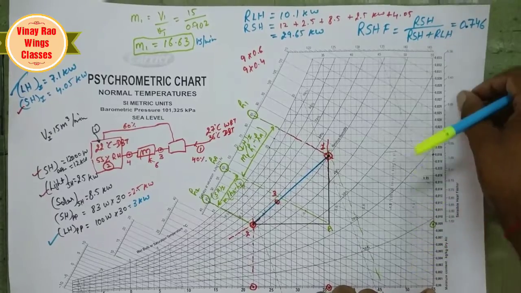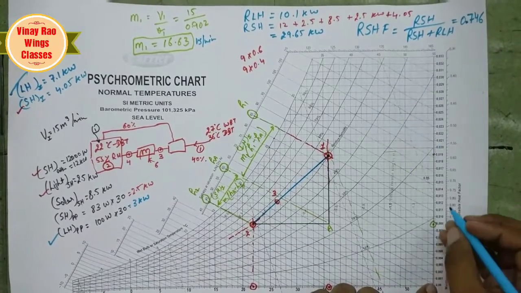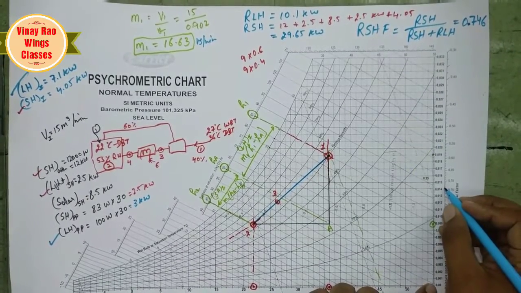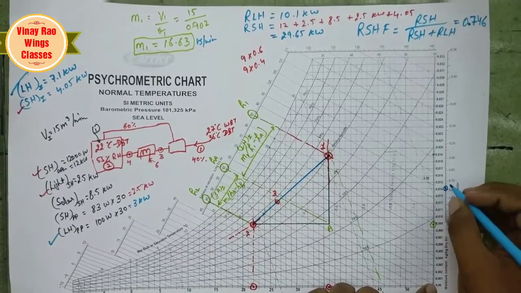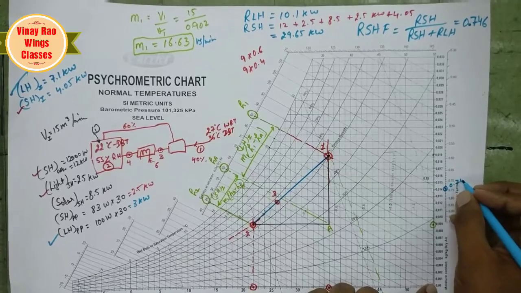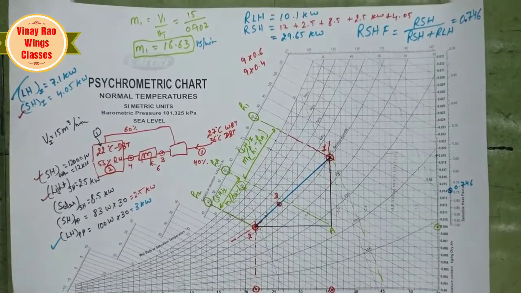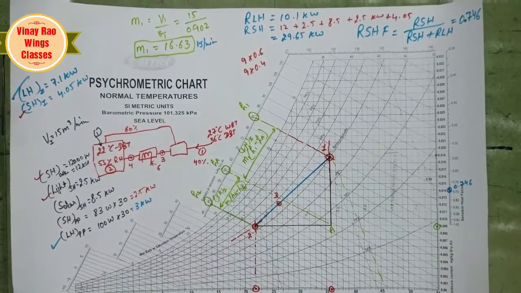So we have to mark 0.746, approximately around this point.